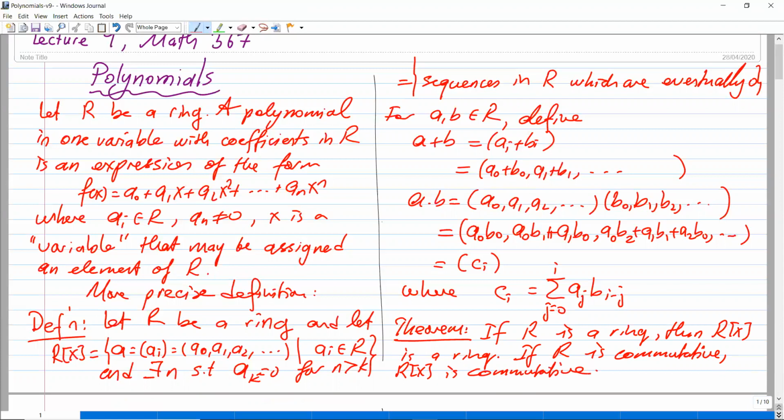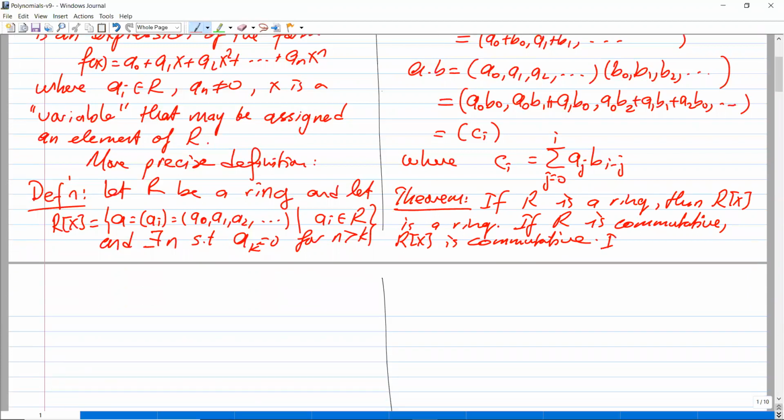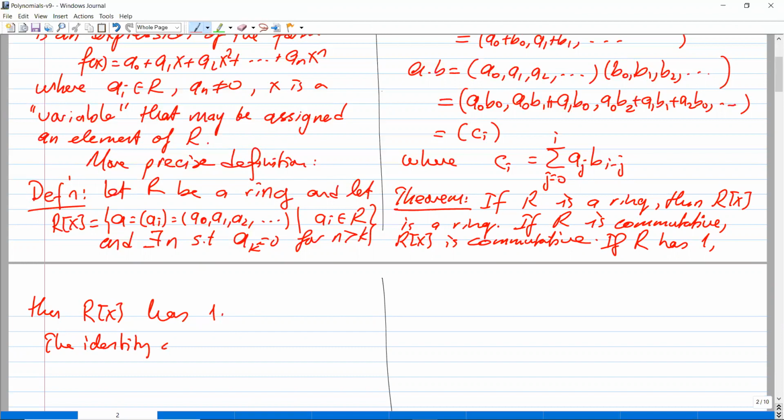And if R has 1, then R[x] has 1. Namely, the identity of R[x] is, you can check this.